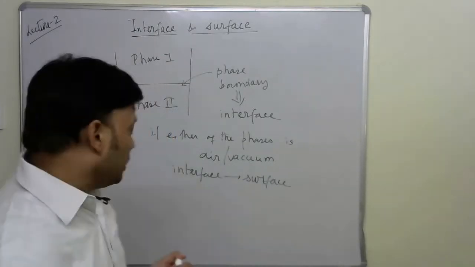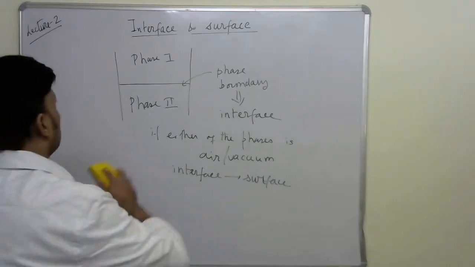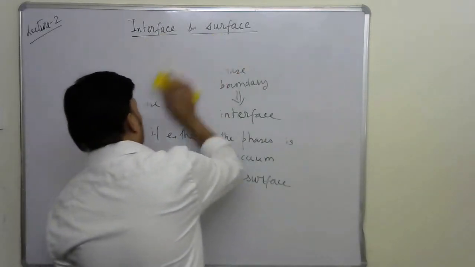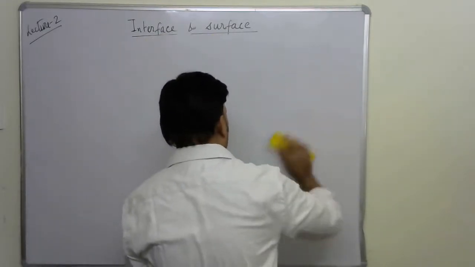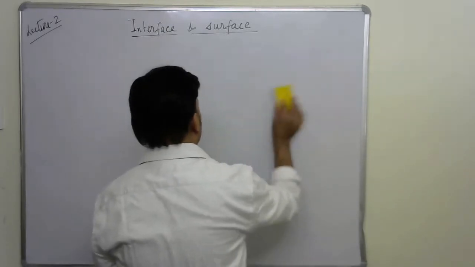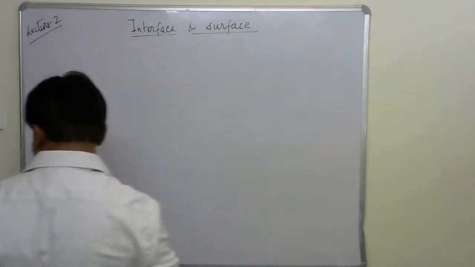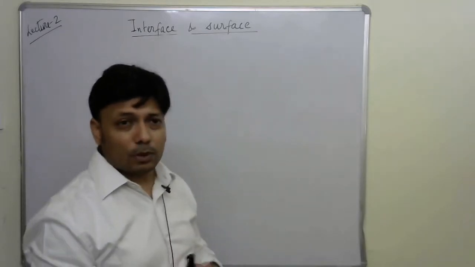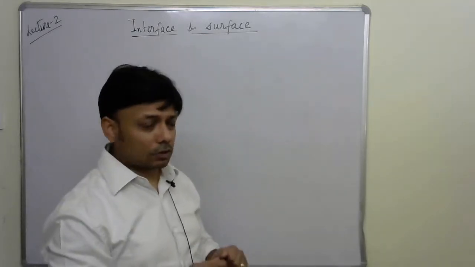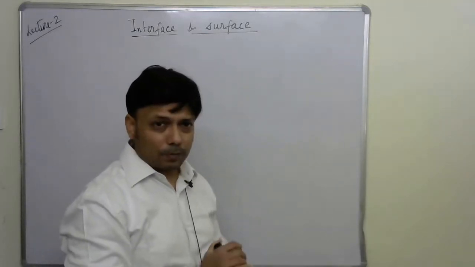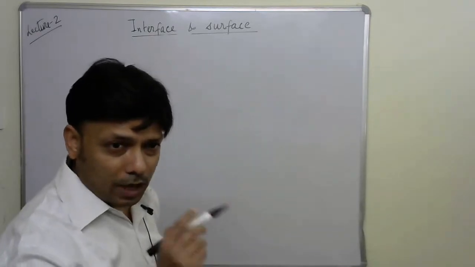Alright. So next we will see what is the role of the surface in colloids. Okay, so already we have understood the role of interface, but once again there is one special consideration that we must know when we talk about surface.